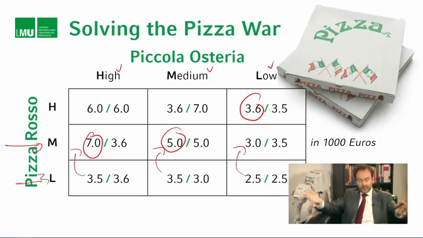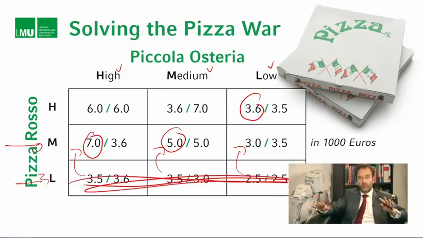And what that means is that there is no circumstance, no strategy by Piccolo Osteria under which Pizza Rosso would want to choose a low price. Now what we can do with this strategy is basically just eliminate it. It's not going to happen, right? There's never going to be a low price set by Pizza Rosso.